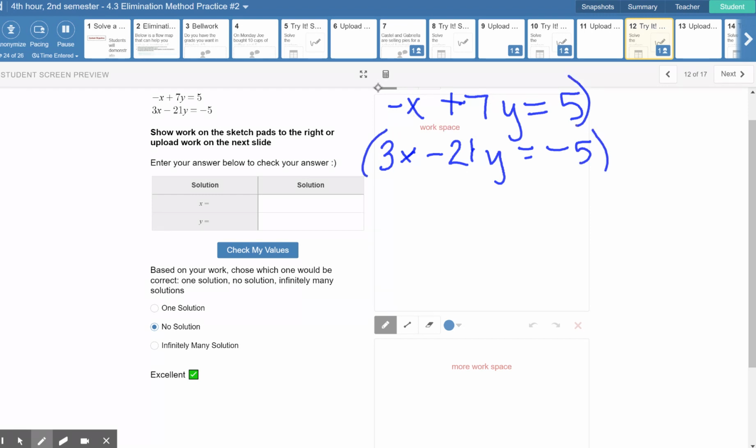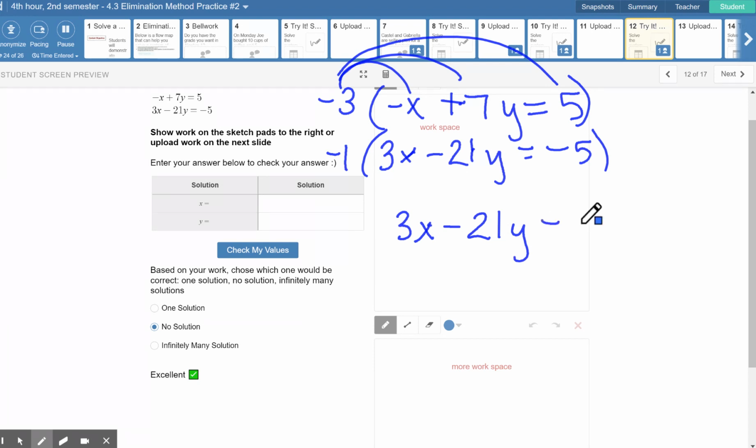Does not matter which one's going to be opposite. So I'm going to make 3 opposite, and I'm going to keep that negative 1, and we're going to distribute. So negative 3 times a negative x is a positive 3x. Minus that 21y, and then negative 15, because you're multiplying all the way across the equal sign.